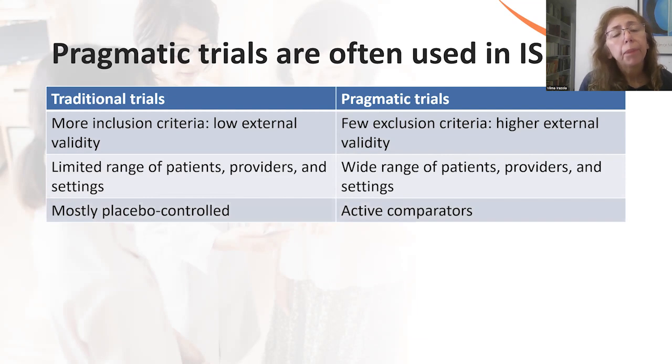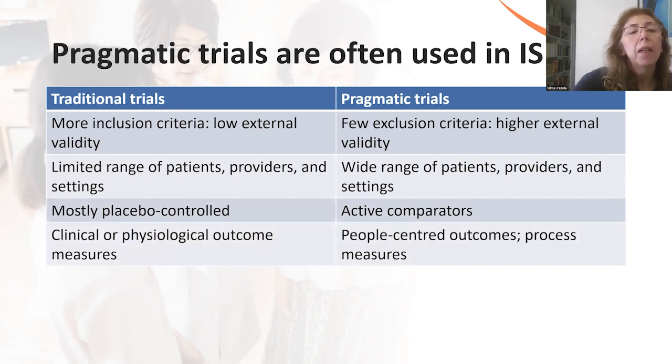Traditional trials, depending on the study, use active or placebo controls, while pragmatic trials usually use active controls, such as usual care or enhanced usual care, for example.